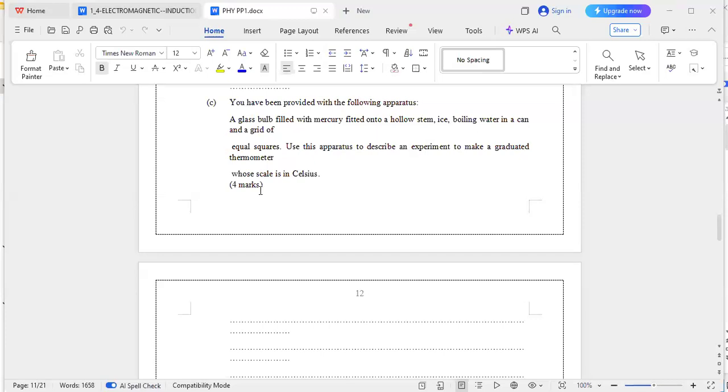The second stage is insert the bulb into the melting ice and mark the mercury level as the lower fixed point. You can use letter X. Mark the mercury level as the lower fixed point, X.